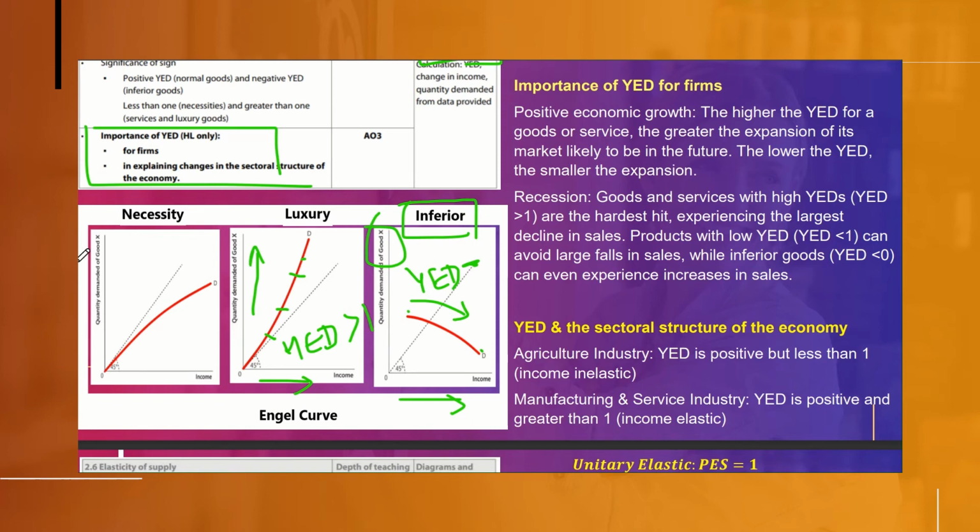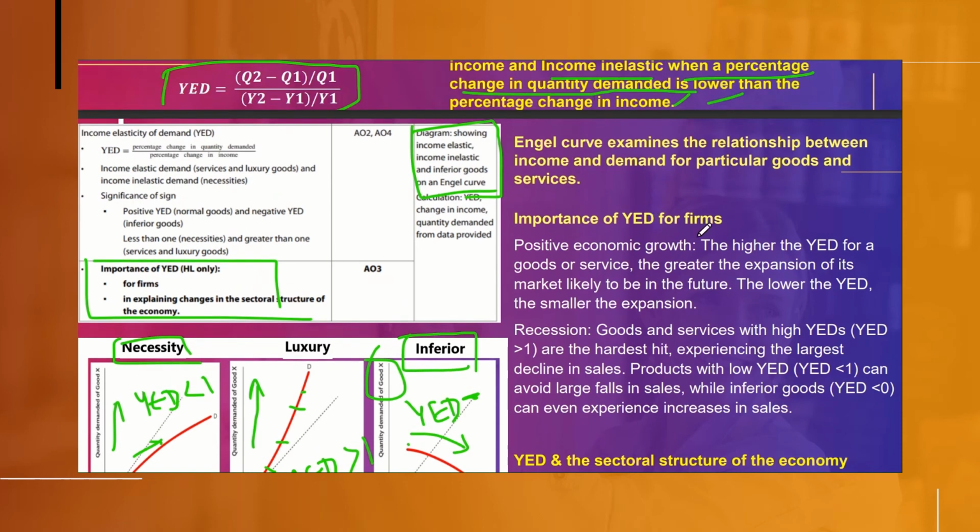And in the case of necessity, income is increasing and quantity demanded is also increasing but at a lower rate. So here YED is lower than 1. It is still positive, but lower than 1. This is the thing. So remember the Engel curve and the importance of YED for firms.